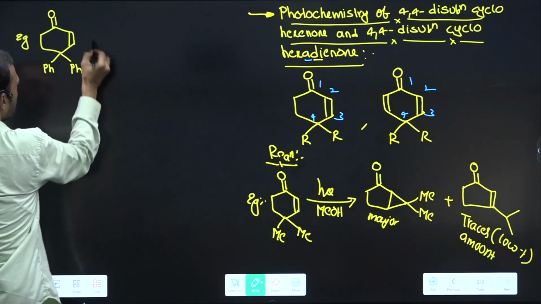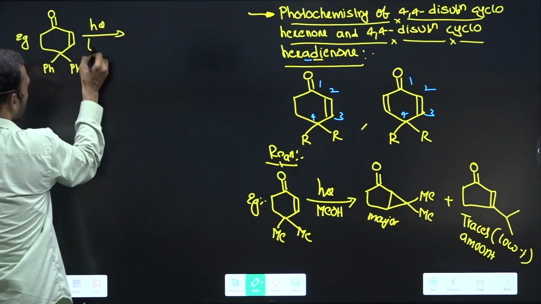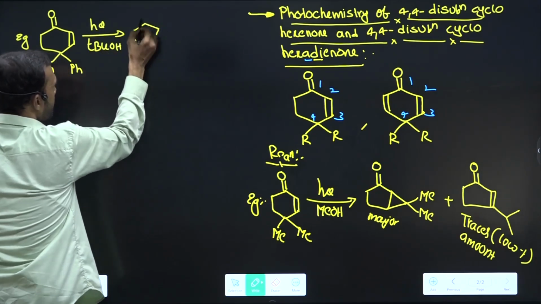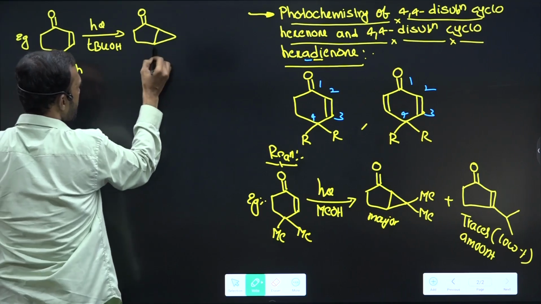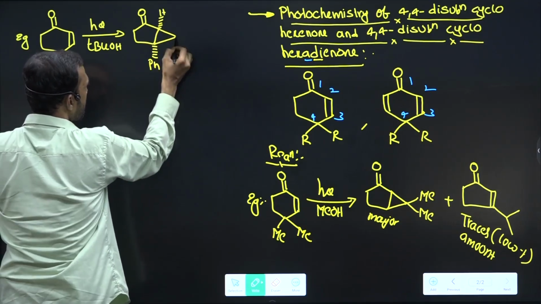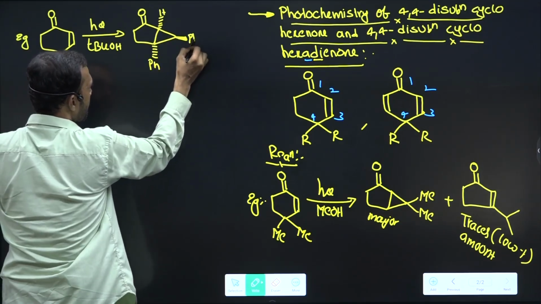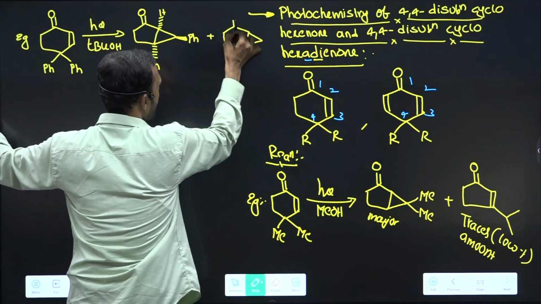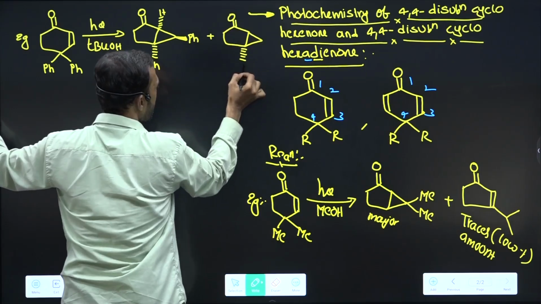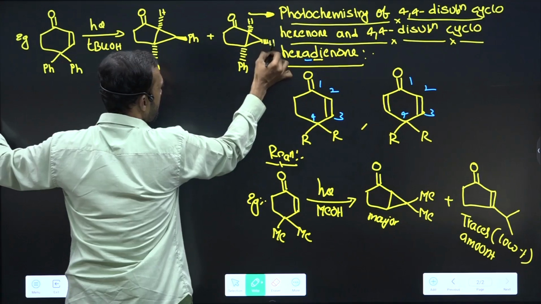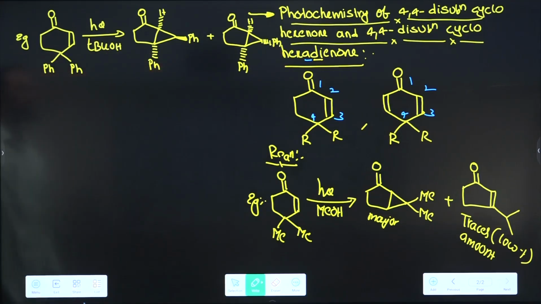Here both are given photochemically. Tertiary butyl alcohol, so this is the answer.